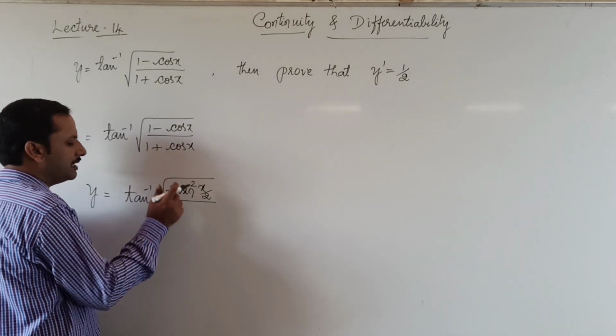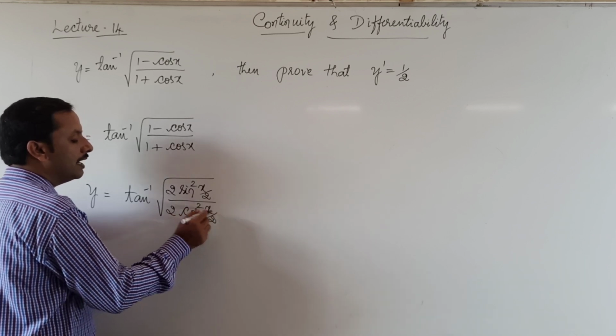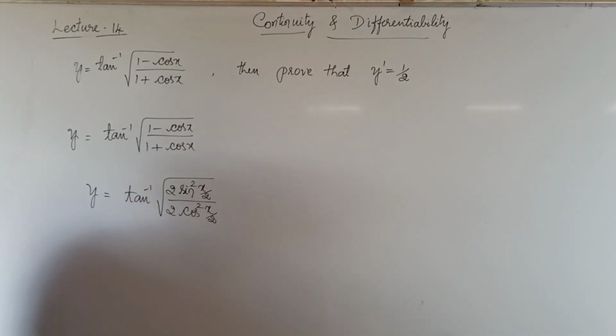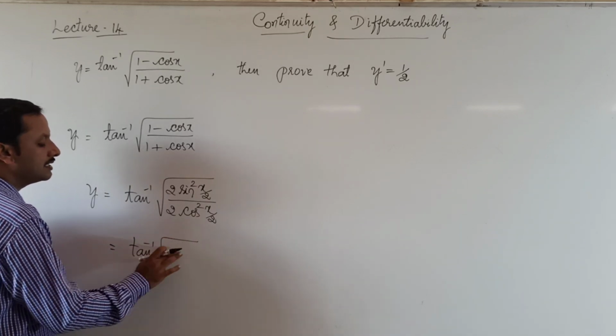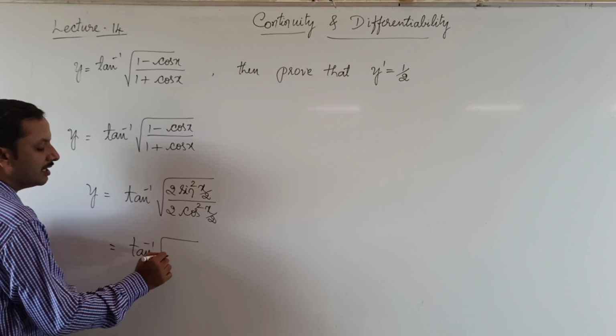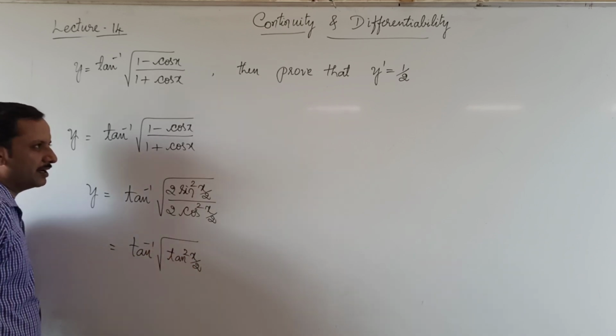And similarly, 1 plus cos x is equal to 2 cos square x by 2. The 2 gets cancelled. Then you have sin square x by 2 divided by cos square x by 2, which is tan square x by 2.